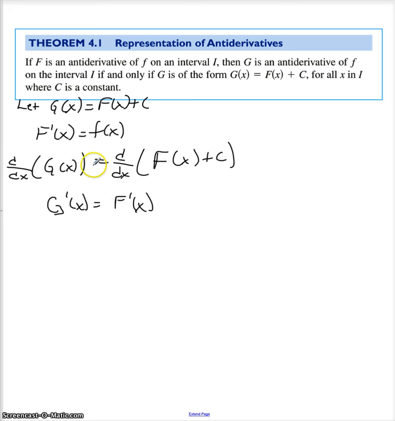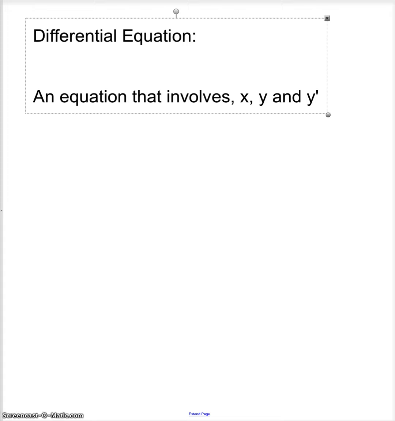I know this is equal to lowercase f of x, so I can now say that G is an antiderivative of f because when I take the derivative of G, I get f. Now there's another more rigorous proof. I'll let you do it. It's in the textbook.